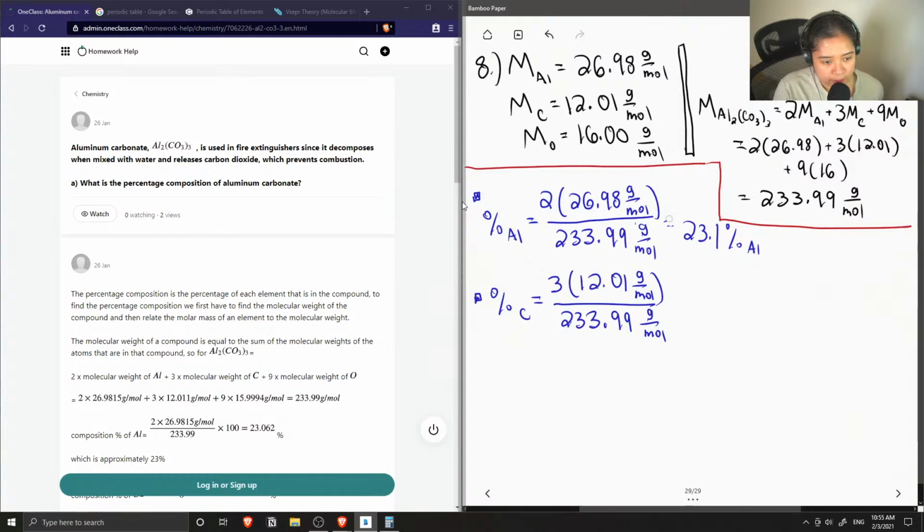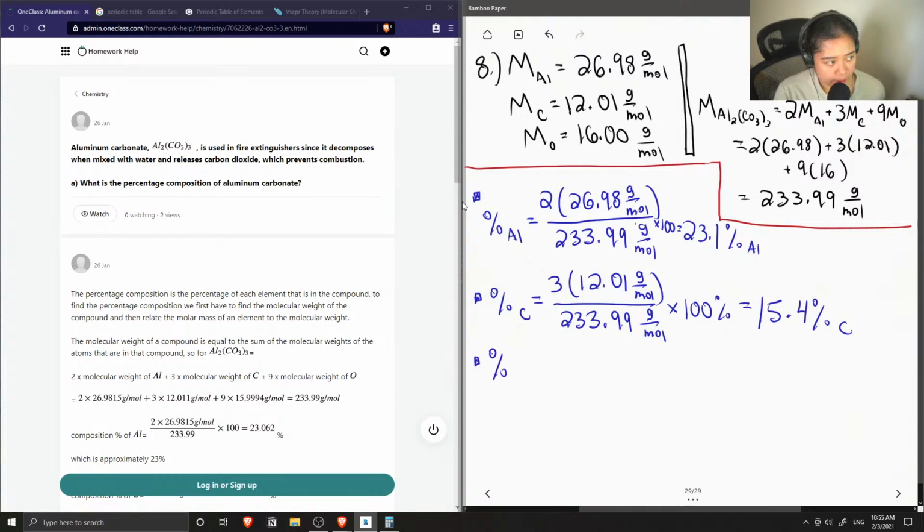Oh, I forgot to add that we need to multiply by 100, obviously, to get the percentage. So all of this multiplied by 100 gives us a percent composition of around 15.4% of carbon.